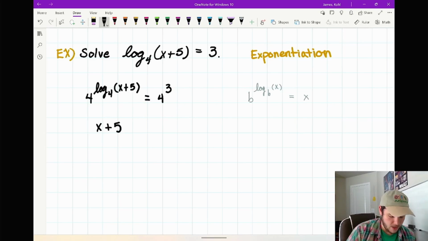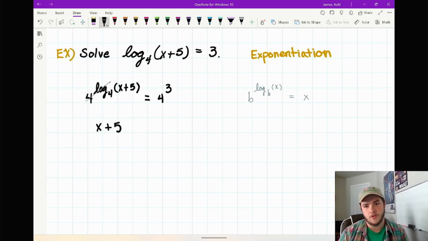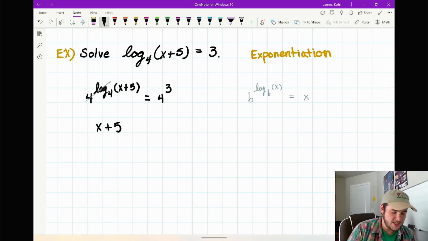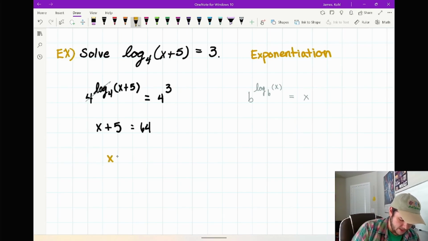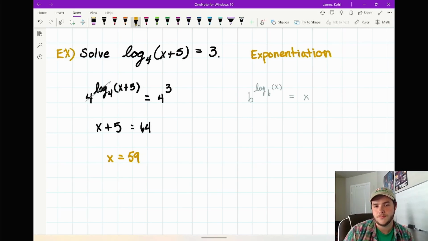In other words, when I have a base to the power log of that base, they cancel, and I'm just left with the thing inside the logarithm. If you're taking away anything from this long conversation, it's that b to the log base b cancels out, and I'm just left with x. On the right-hand side, I will get 64. So that tells me x equals 59 is the solution to this equation.